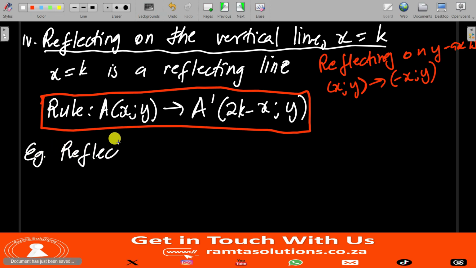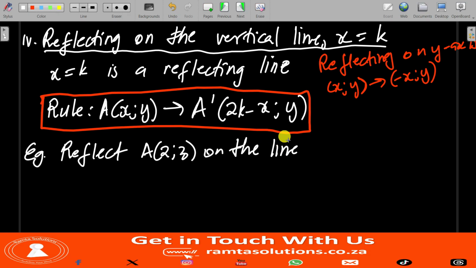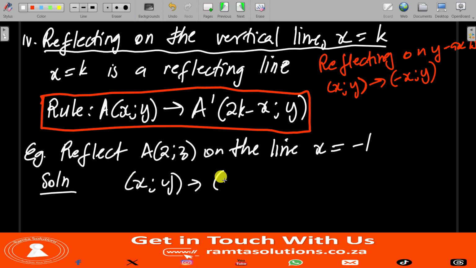Reflect A with coordinates 2 and 3 on the line x equals -1. In our solution, we're using this rule here. We can see k equals -1.